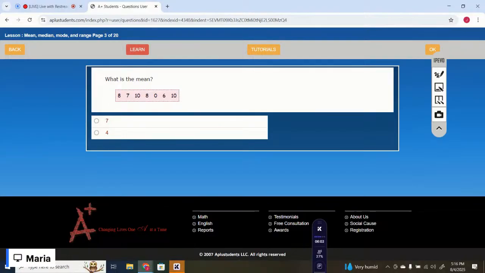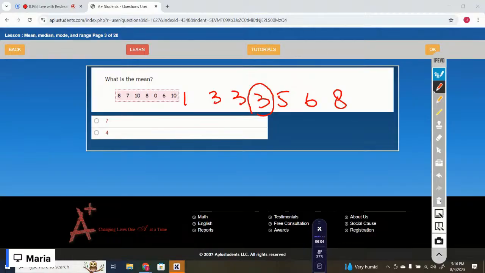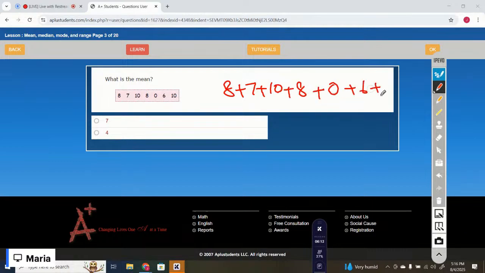What is the mean? So you need to add them all and divide. They are 1, 2, 3, 4, 5, 6, 7. Divide them by 7. Sum of all the numbers divided by 7. That is 8 plus 7 plus 10 plus 8 plus 6 plus 10.